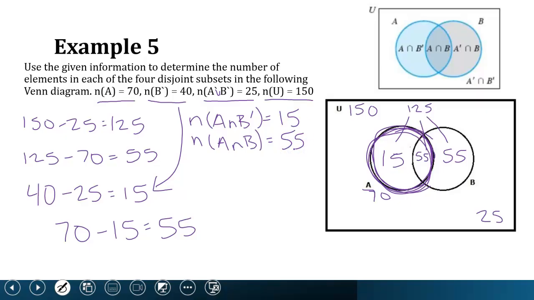So what do they have in common? That middle number of 55. And then what number is not in A but it is in B? That's also 55. And then what number is not included, not in A and not in B? So that outlier, that's 25.